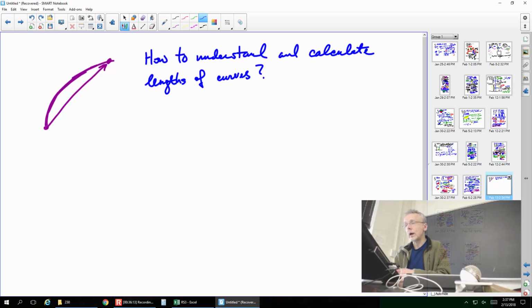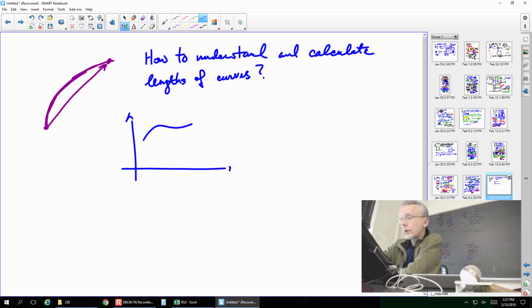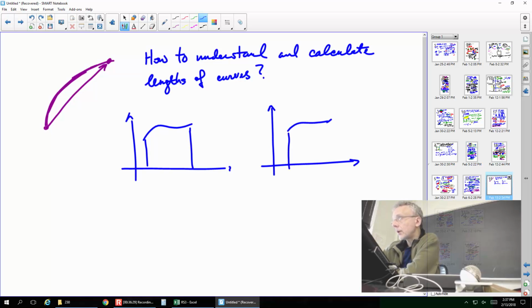However, there is one thing that we should be careful about in terms of using the analogies with the computing of areas and computing lengths. So it's the same curve, okay? So everything is the same, but what we are going to be approximating is either this area, or we're concerned with length.